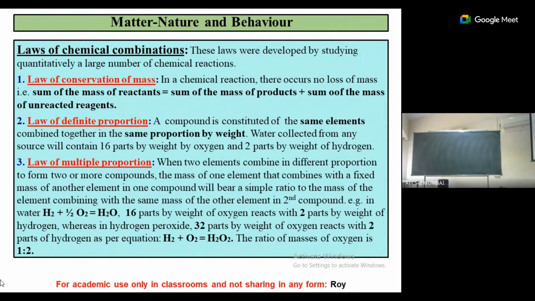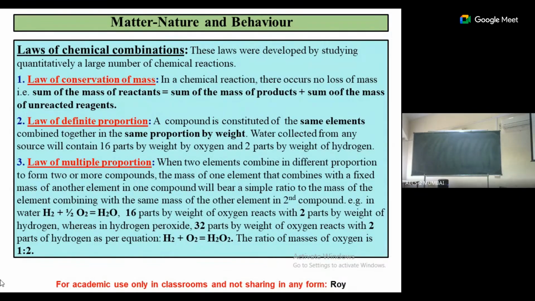Another thing is you cannot have a variation in the composition of a compound. So a compound is made up of specific elements. Water formed once from hydrogen and oxygen cannot be formed another time from chlorine and sulfur, right?